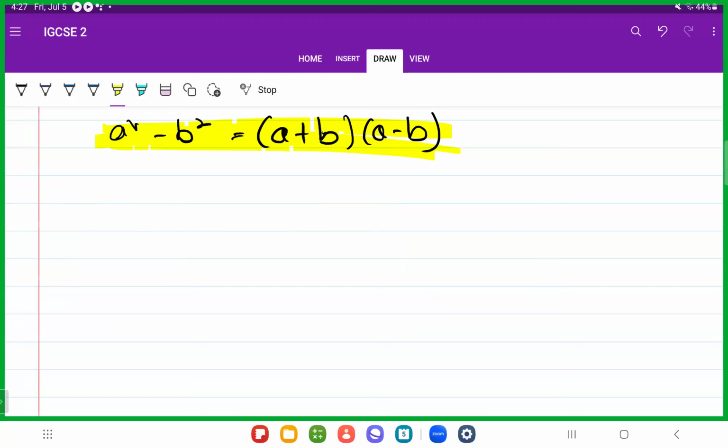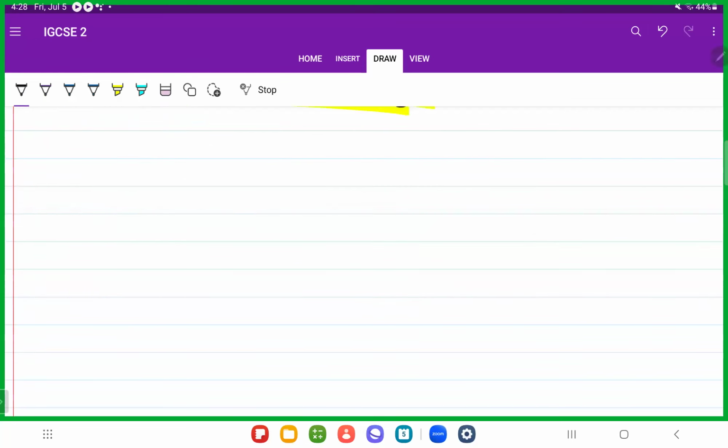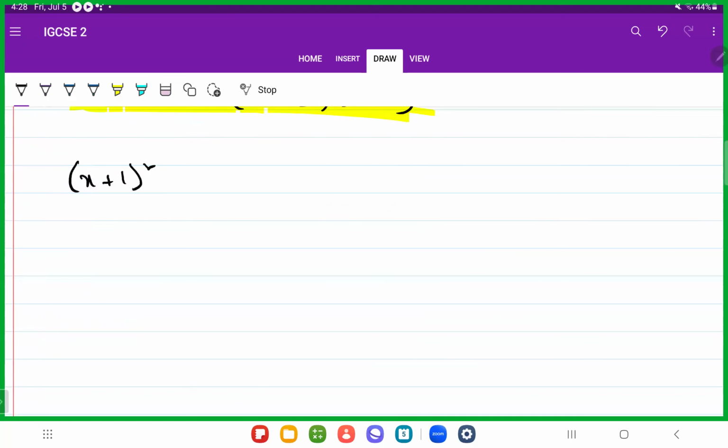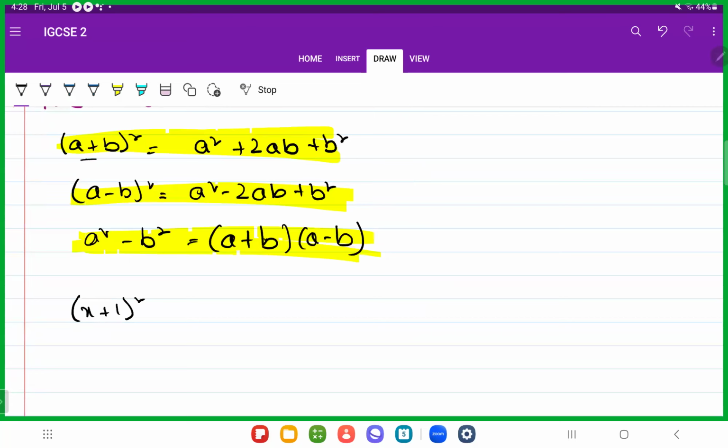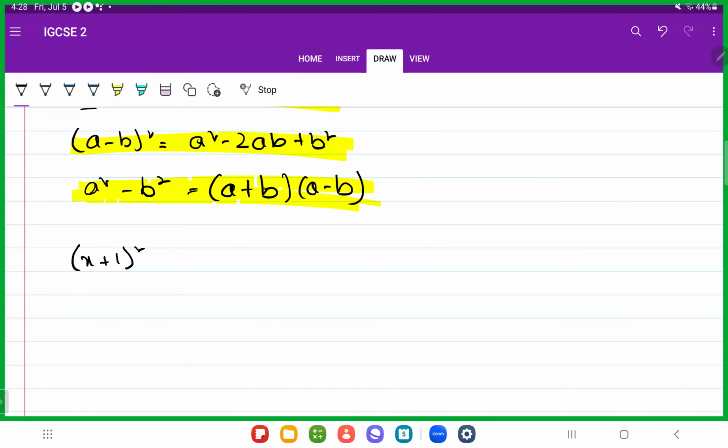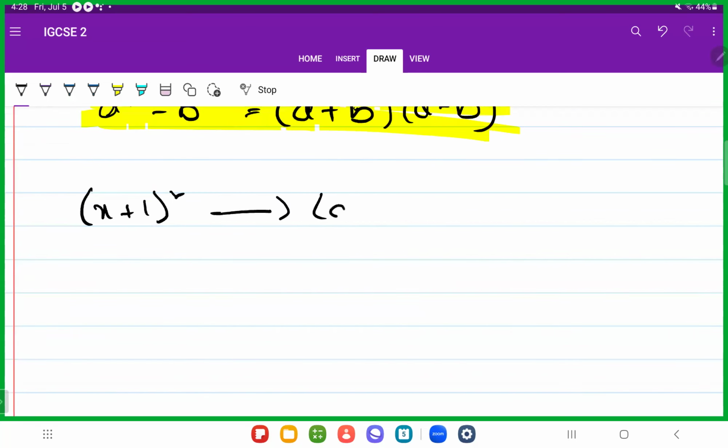So for example, I have x plus 1 whole square. This means I have to use the first identity, because that has a plus in between. So I have to compare this to a plus b whole square. That means my a is x and b is 1. This is just for your working.